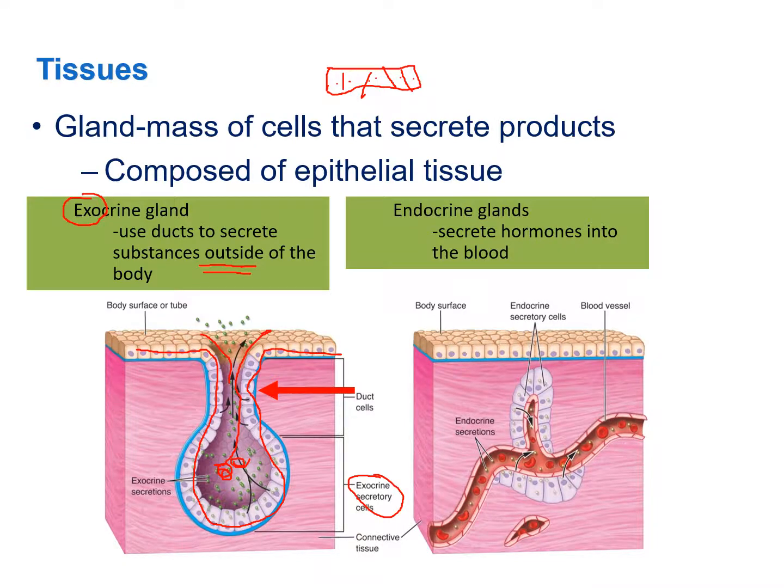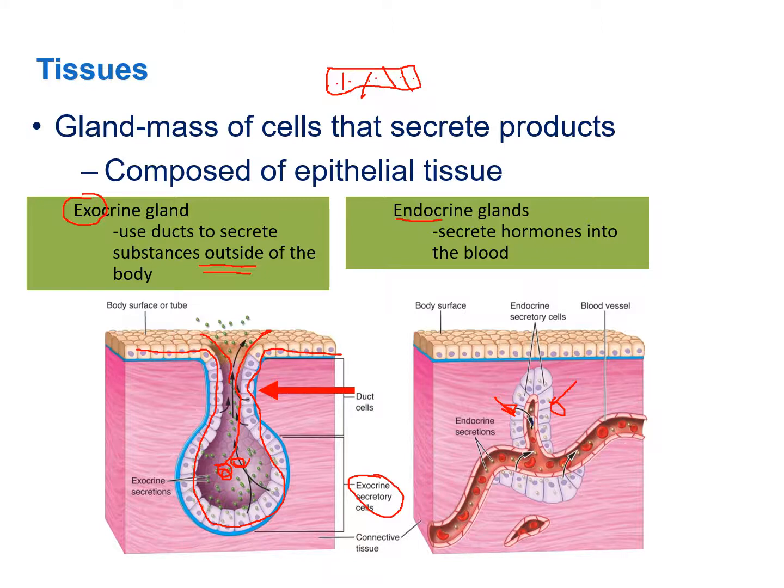The next one will be endocrine glands, and these cells are going to be hooked up with the blood. What they do is secrete product into a duct here, and that duct leads right into the bloodstream, right?